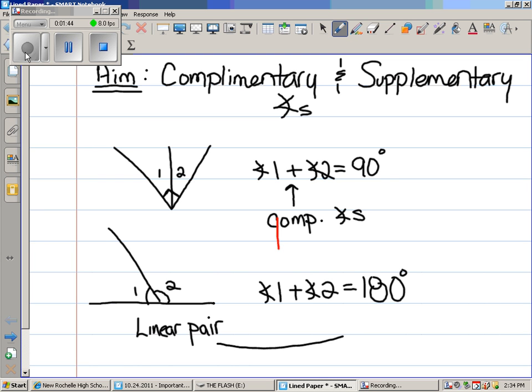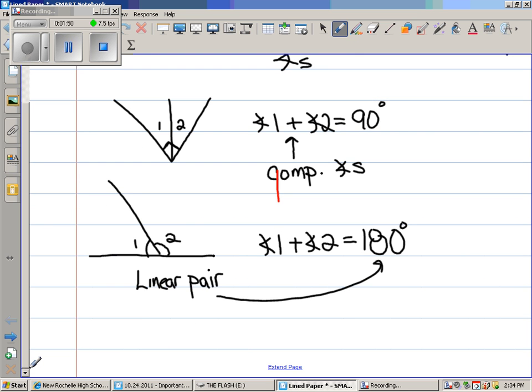A linear pair always form 180 degrees. You'll need that kind of vocab. And these guys are also known as being supplementary angles. You guys are good with that? And supplementary angles, you can put the line there and it forms 180. We're good?